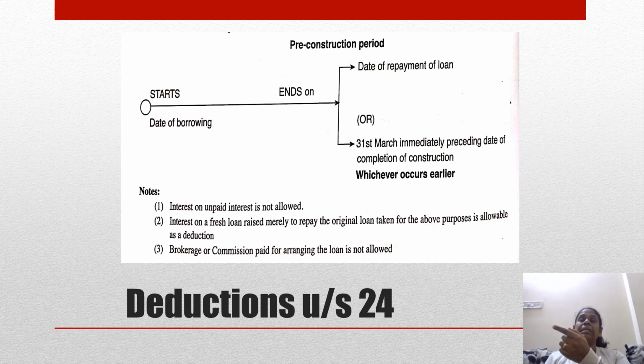Suppose the house was completed in January 2020, then the immediately preceding previous year was what? 31st March 2019. So from 2017 till 2019, you can claim pre-construction interest. And post-construction interest is for as long as the loan is pending and you need to pay the interest. In that case, you can claim post-construction interest. I think this video might be useful for you. Thank you.